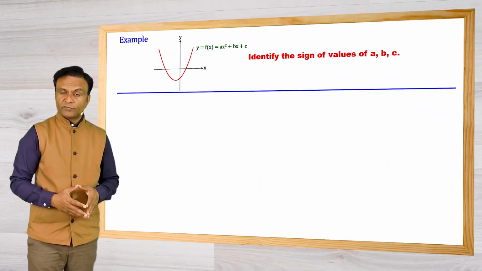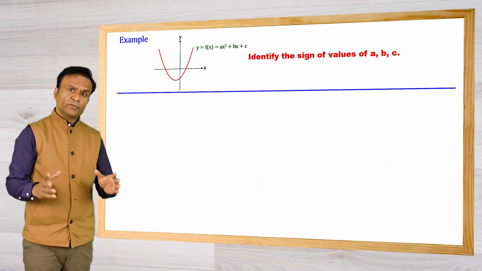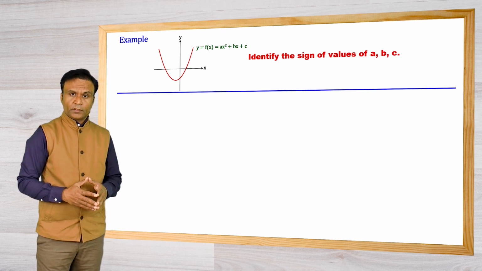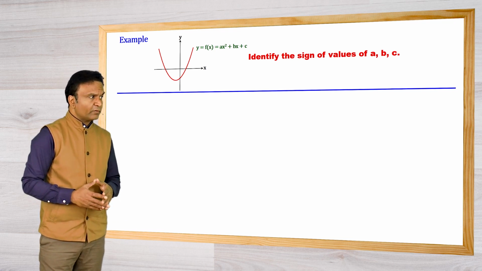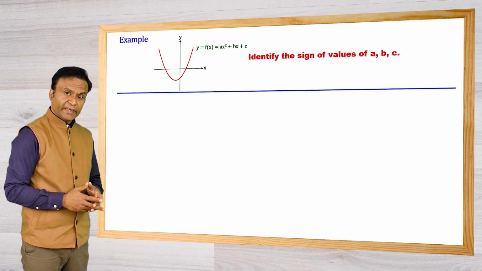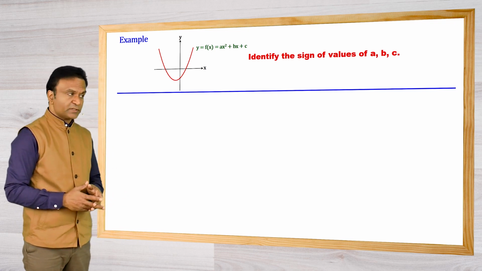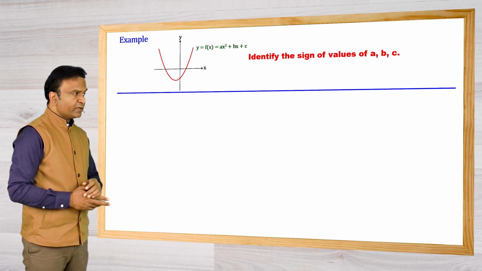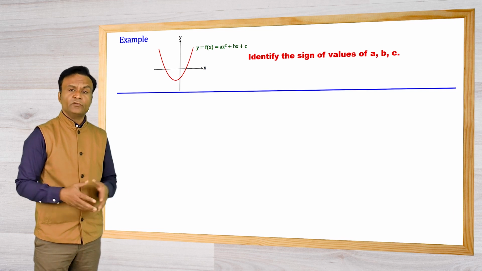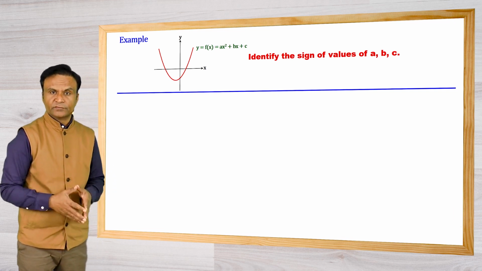Let's try one question which is based on analysis of the graph of a quadratic function. Here we are given the graph of the quadratic function y is equal to f(x) is equal to ax square plus bx plus c. From this given graph, we have to identify the sign of values of a, b and c.